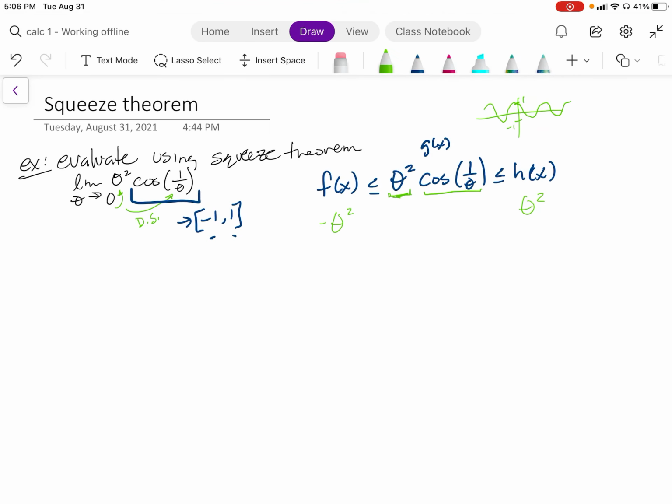So what the squeeze theorem says is if I can take the limit as theta goes to 0, that was the original question, limit as theta goes to 0 of this f of x, so of negative theta squared, and the limit as theta approaches 0 of this right side, h of x, theta squared, if those can be found, and because g of x, the original problem, is contained within both of those functions, I know that the limit would be equal to the left and the right.